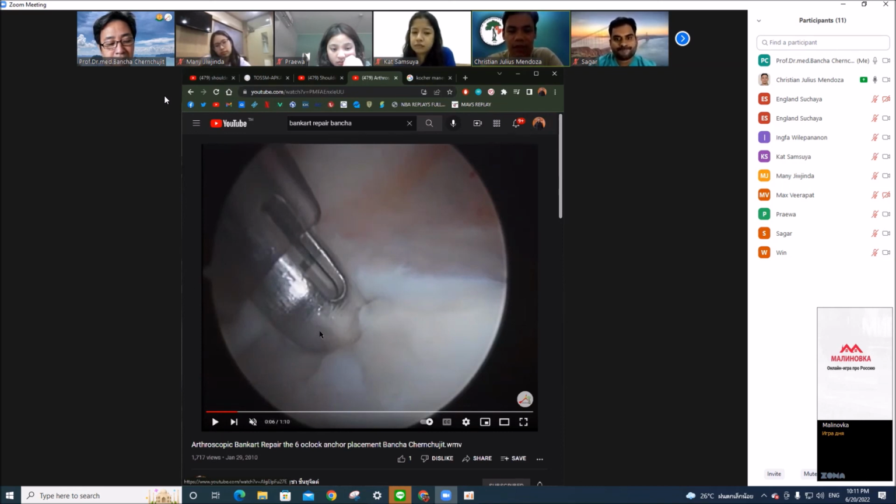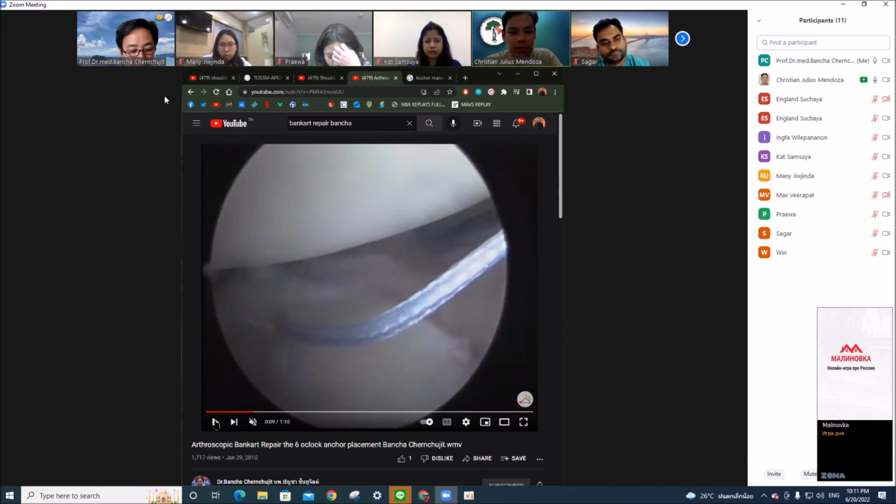The suture anchor is a screw that is engaged to bone, and at the tail of the screw are sutures, which are tied around the capsule tissue or the labral tissue, and these tissues are tied back to the bone.